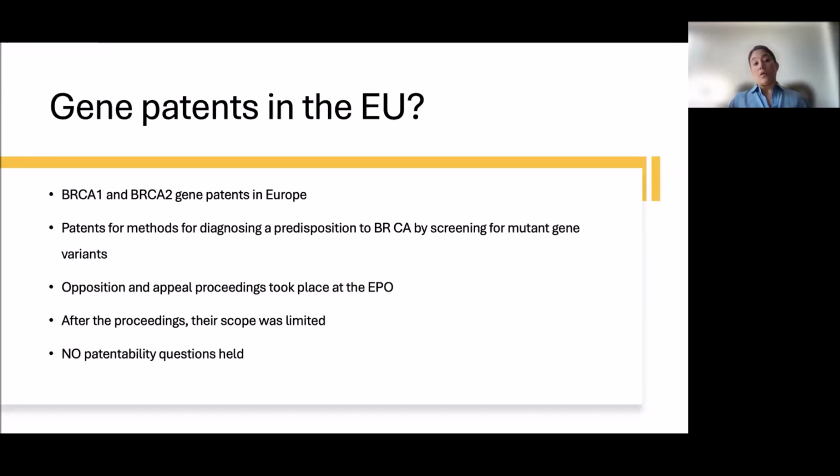Although there were no patentability questions held, there were still limitations on the scope of the patent applications that were challenged in opposition and appeal proceedings at the European Patent Office.